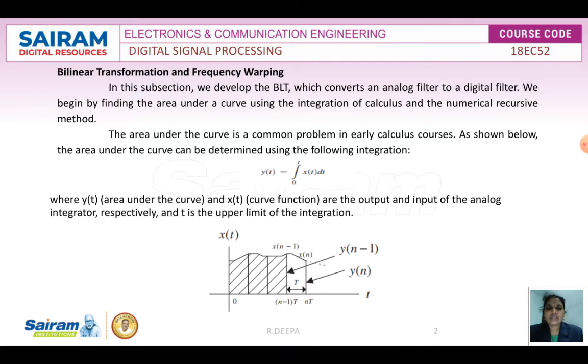The figure shown here is an irregular area where we are interested in finding the area under this curve, over the time period from (n minus 1)T to nT, where T is the sampling period. This is done with the help of the bilinear transformation.